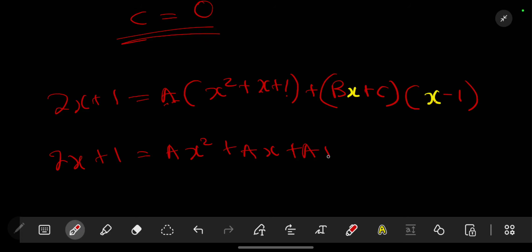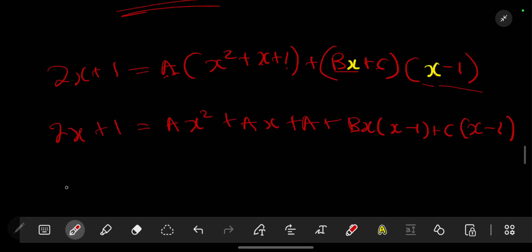Then how you expand this, you let this multiply everything that is in the second bracket, so that we have our bx, open brackets, x minus 1. Then we have our c multiplies everything there, so we have plus our c, open brackets, x minus 1. So this is the simple way of representing.